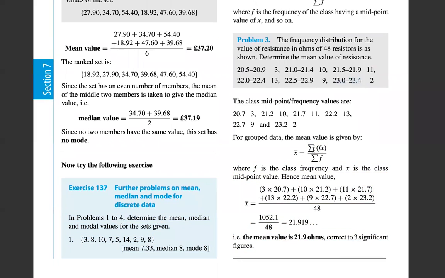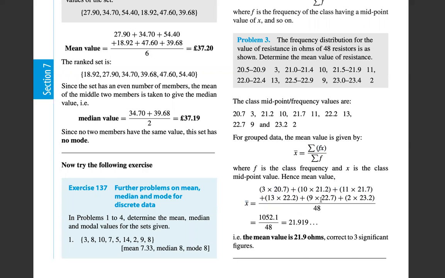This E-looking thing is called sigma, the capital Greek letter for adding things together. When you want to add up a bunch of things, we say sigma fx. When you want to add up all the frequencies, you say sigma f. Calculators or Excel can do this for you.